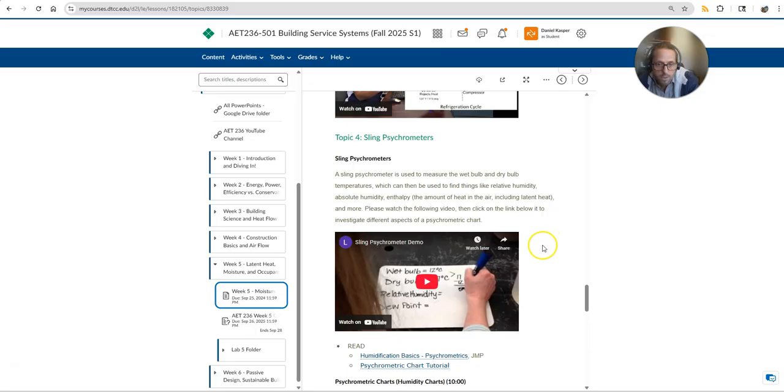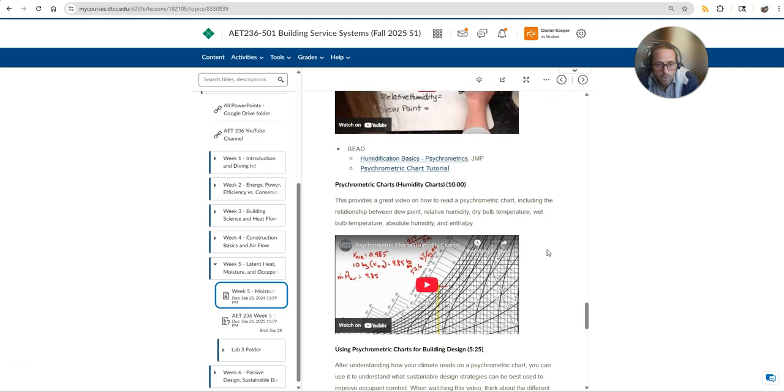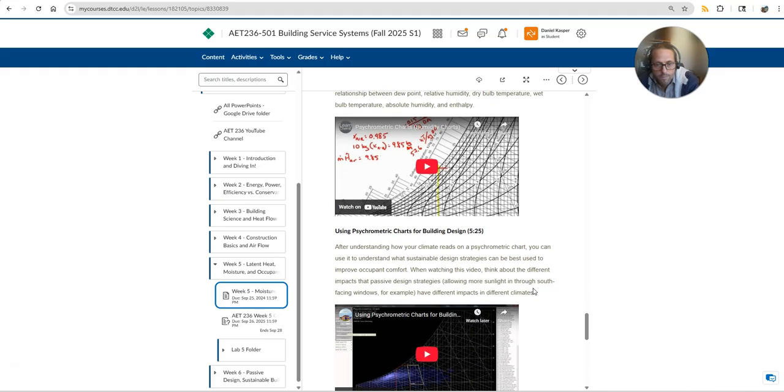Then you take something called a psychrometric chart, which is a pretty fascinating chart that you will use in lab. You basically plot the values from the psychrometer on the chart, and it tells you the relative humidity, the dew point, the enthalpy, and a couple other things, but we'll basically stick to those.